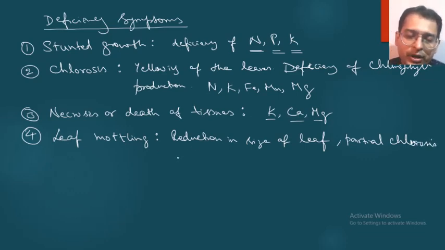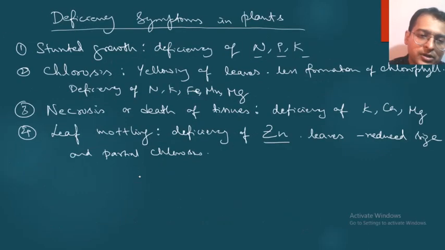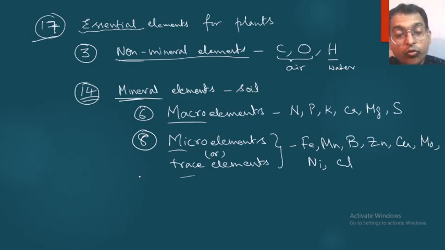It is due to the deficiency of which element? The deficiency of zinc. Due to deficiency of zinc, we see the leaf mottling symptom.